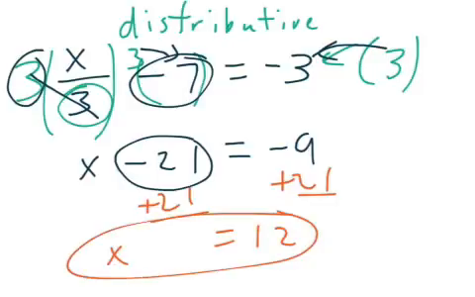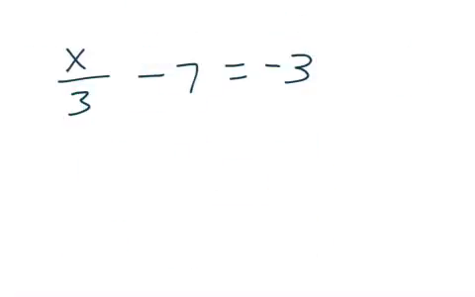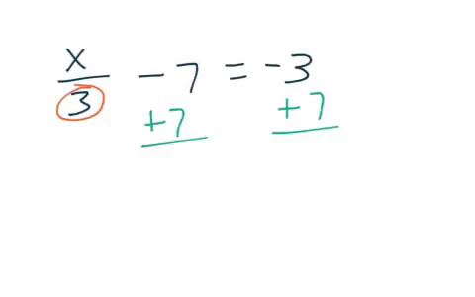Okay? Now let me show you real quick the way I prefer, however. Here we go. Now guys, instead of addressing the 3 right here, why don't we first add 7 to both sides? See, we don't have to worry about distributive property in this case if we do that.